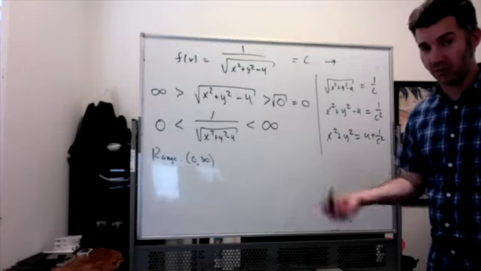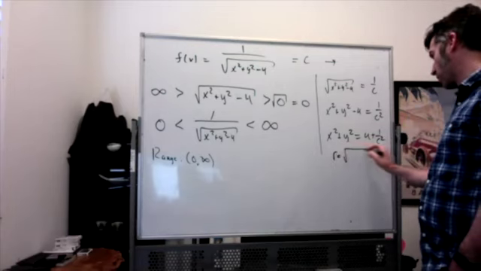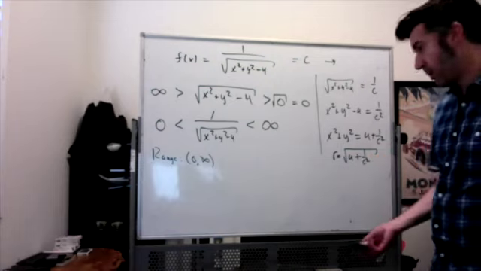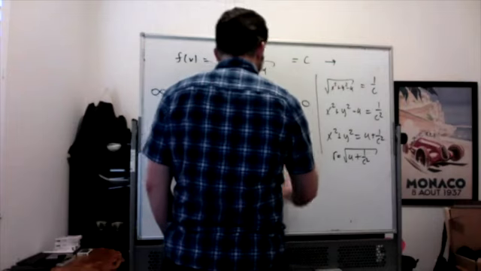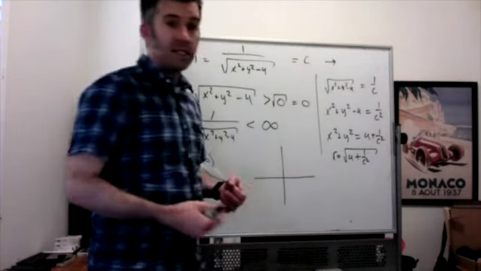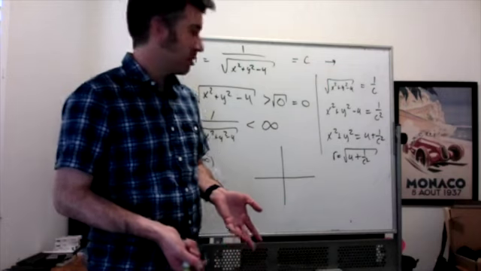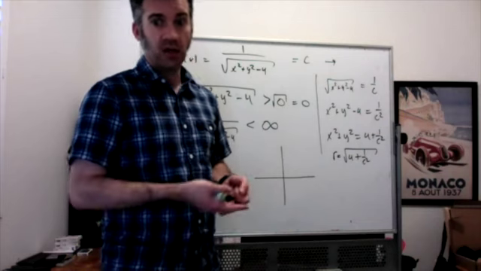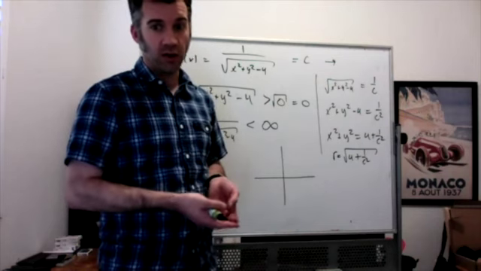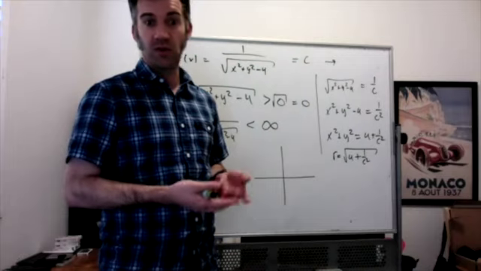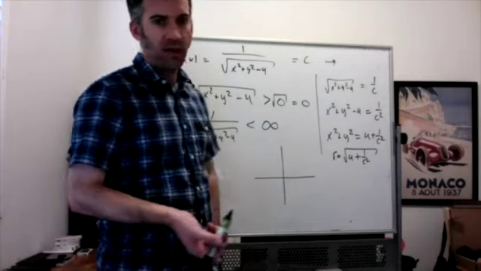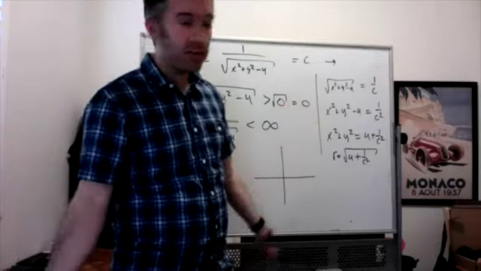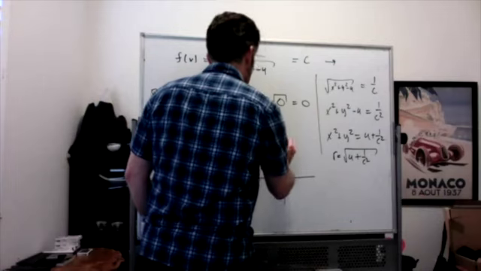Again, our level curves are going to be circles where the radius is the square root of 4 plus 1 over C squared. Okay. So let's think about this for just a second. If C is very large, 1 over C squared is very small, and 4 plus that number is very close to 4. So as C gets very, very large, the radius gets closer and closer to 2. So let's pick a kind of big number, let's pick 10.